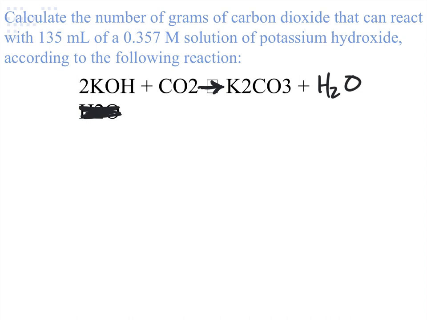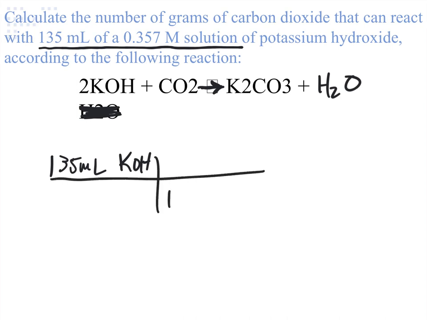Okay, so I'm going to assume you hit pause and you're back now. What I said before was take the one that you have the 2 numbers of. So hopefully you took the 135 mils of the 0.357 molar potassium hydroxide solution and start with that. So I'm going to start over here with my 135 milliliters of the KOH.